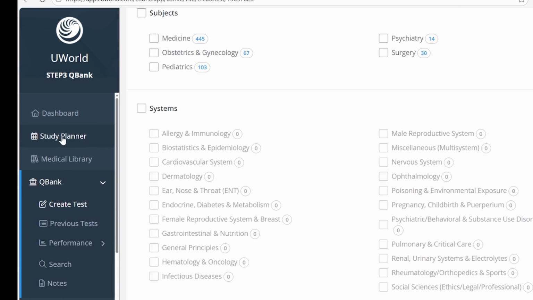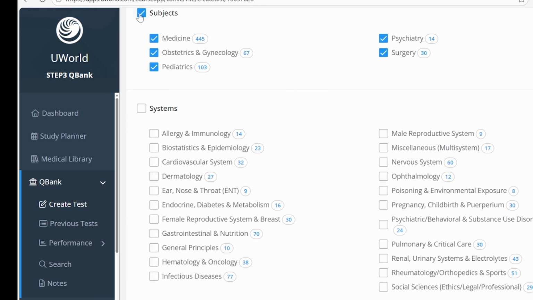I followed one more important thing while studying for Step 1, Step 2, Step 3. In UWorld, I used to do 5 blocks selecting all subjects and all systems. Once I finished 5 blocks, I used to check my performance report and look for the systems in which I got less than 50%. After that, I used to do 1 block of only my weaker subjects.